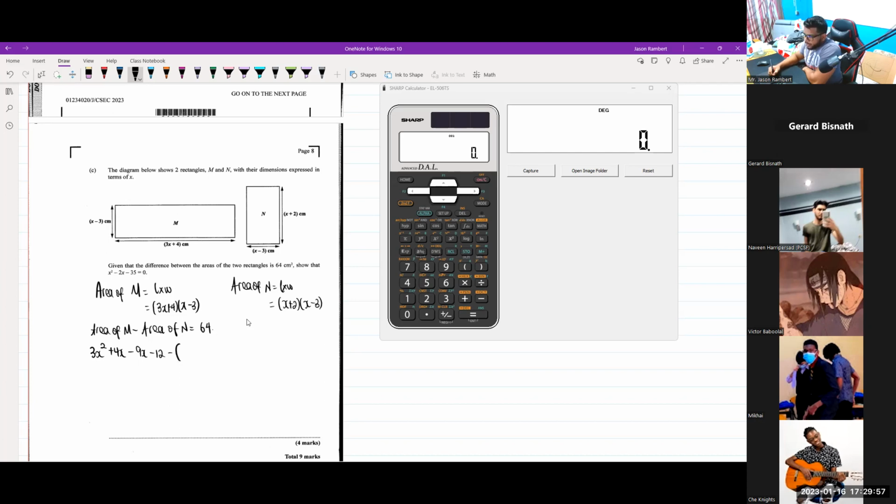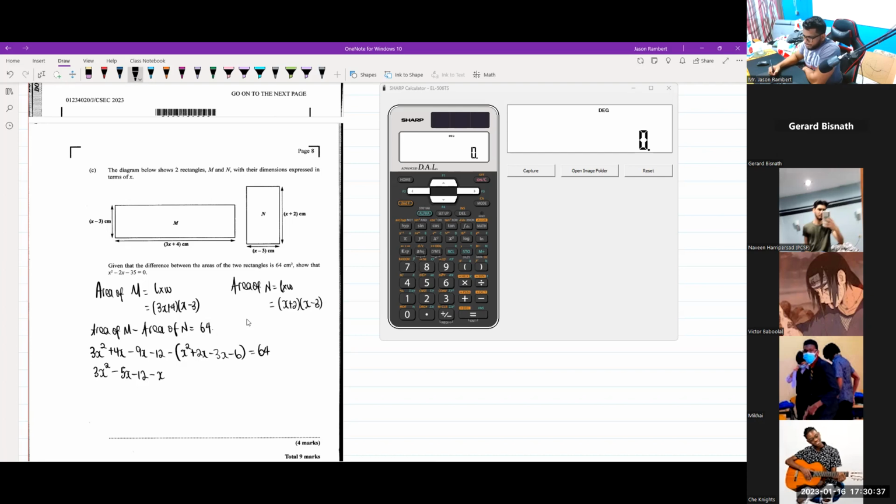Take away, open a bracket, x squared plus 2x minus 3x minus 6. 3x squared plus 4 minus 9 is minus 5, minus 12 equals 64.